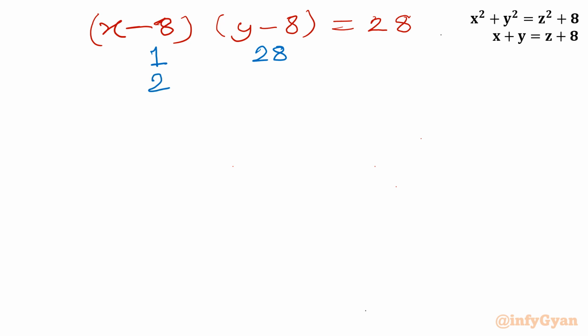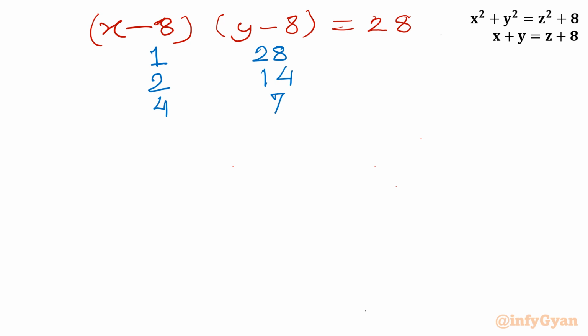The product of 2 and 14 gives 28, and 4 and 7 gives 28. So both factors are positive. Now I will check 7, 4, 14, 2, 28, 1. The equations are symmetrical in x and y, so we will swap both the values.